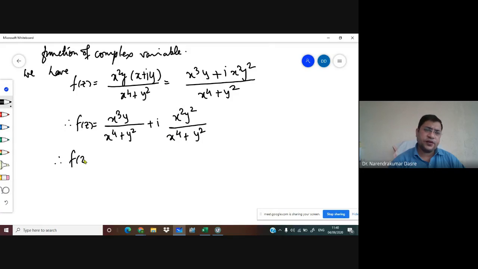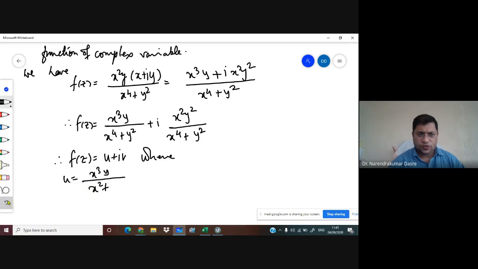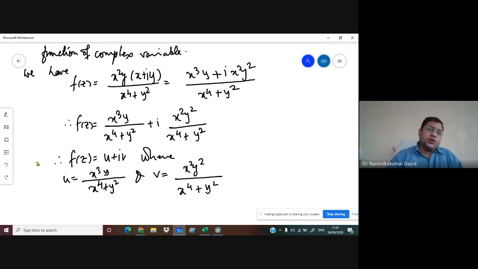And hence we write f of z is equal to u plus iv, where u is equal to x cube y on x raised to 4 plus y square, and v is equal to x square y square on x raised to 4 plus y square.